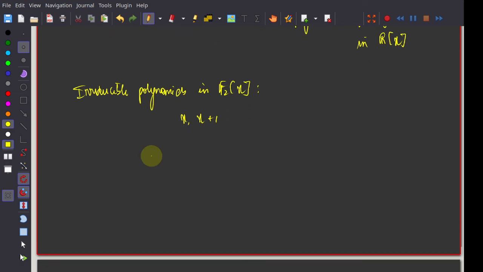What else? What about degree 2 polynomials? Is x square irreducible? So x square is not irreducible. What about x square plus 1?